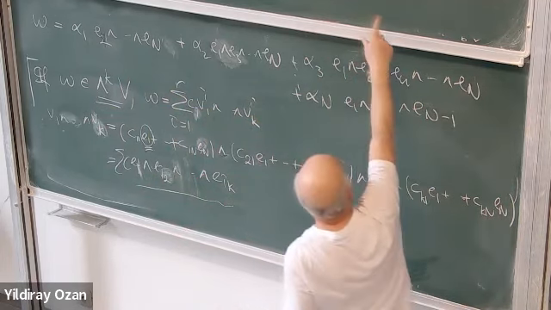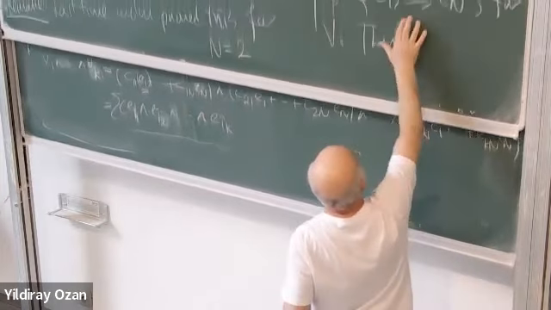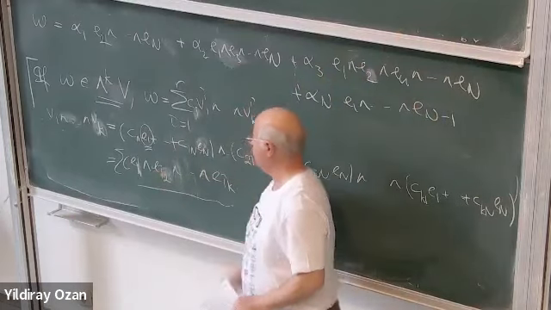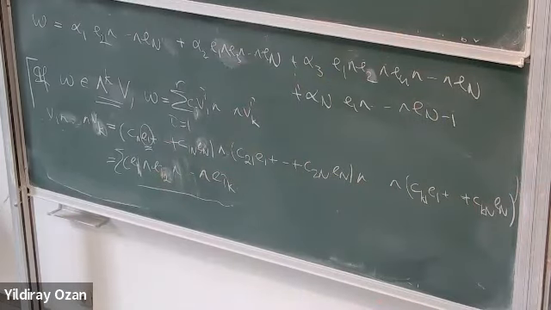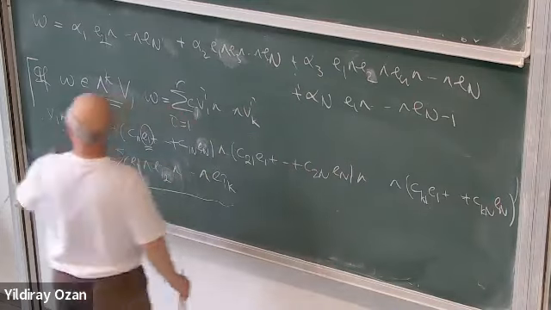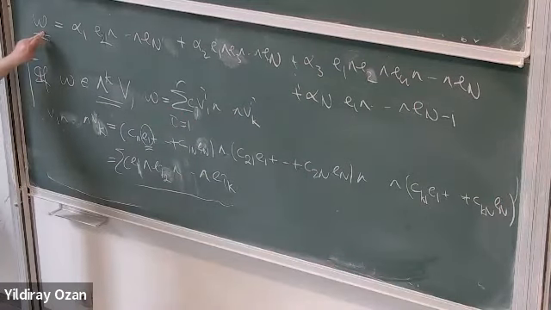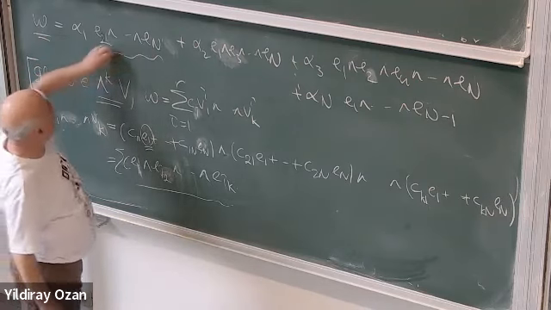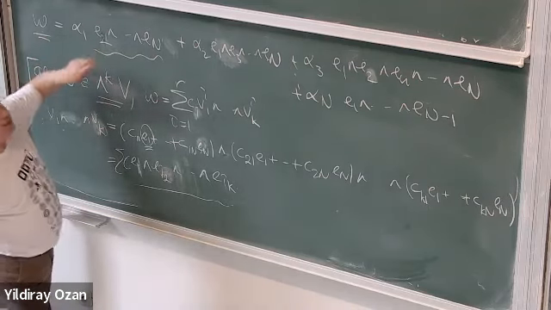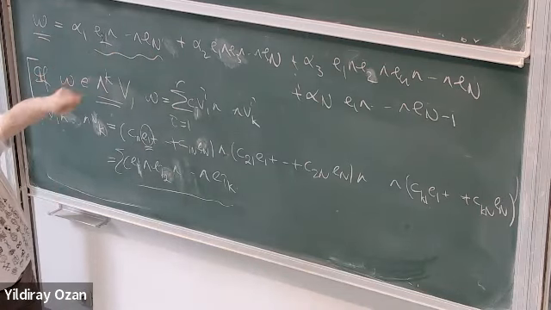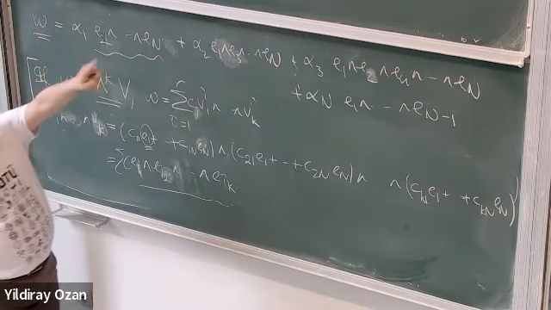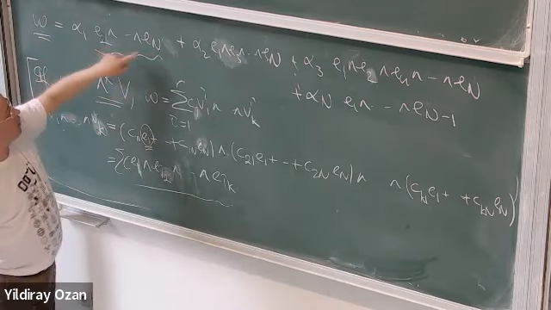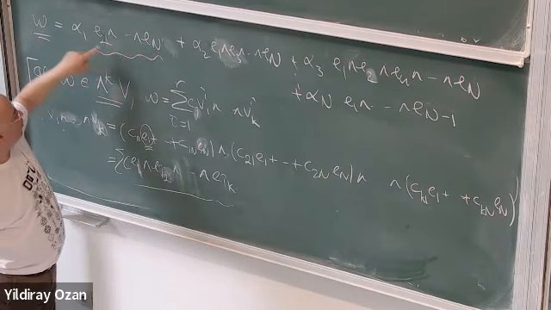You just form k-fold products from this basis, and you take arbitrary linear combinations of these. That's why any n-1 vector here will have this form, because these are all the multivectors of length n-1 that I can write using the elements of this basis.